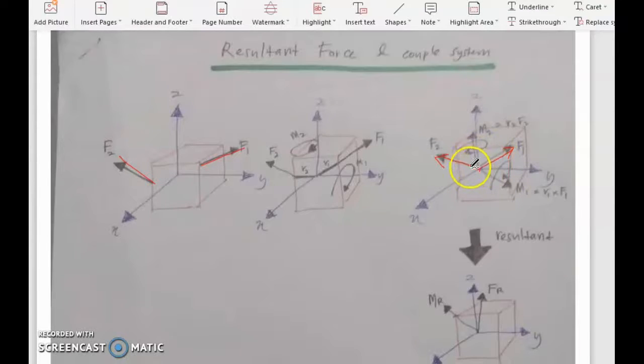For the moment also, you can put the direction of the moment starting from the point here.